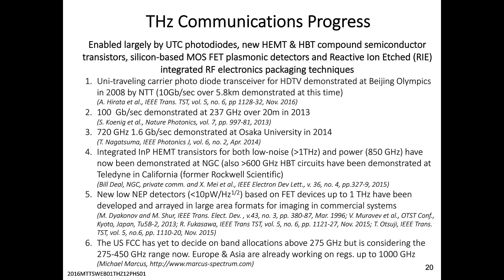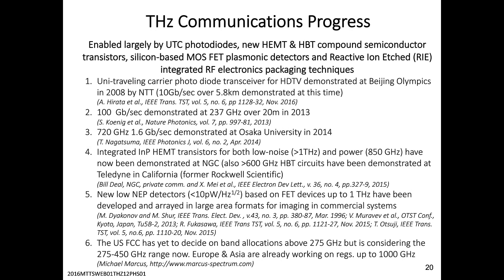And in 2008, NTT actually demonstrated an HDTV coupling over about a kilometer distance, I believe, that was actually used at the Beijing Olympics and has since demonstrated 10 gigabit per second over almost 6 kilometers for direct communication system.